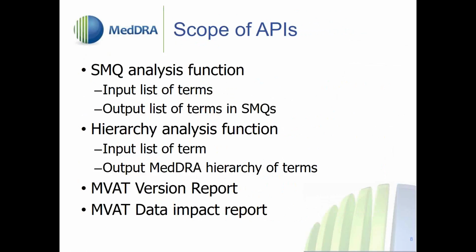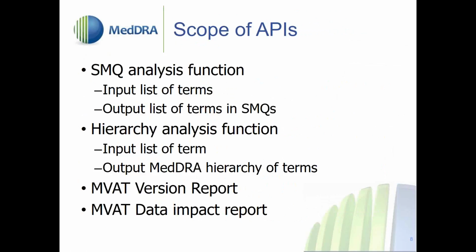And we've also included the functions of the MedDRA version analysis tool, MVAT. So you have the ability to produce a version report between any two MedDRA releases, and that version report contains information about the changes that have occurred.